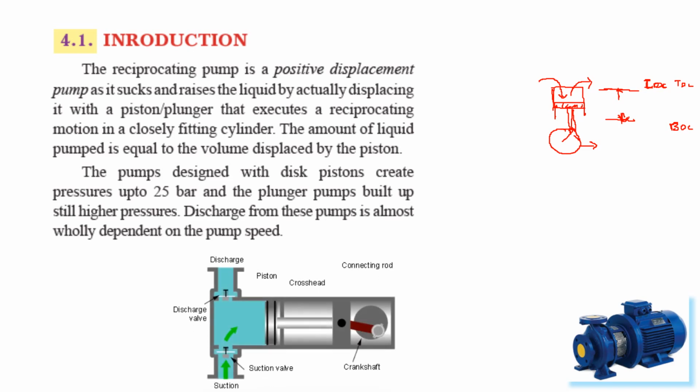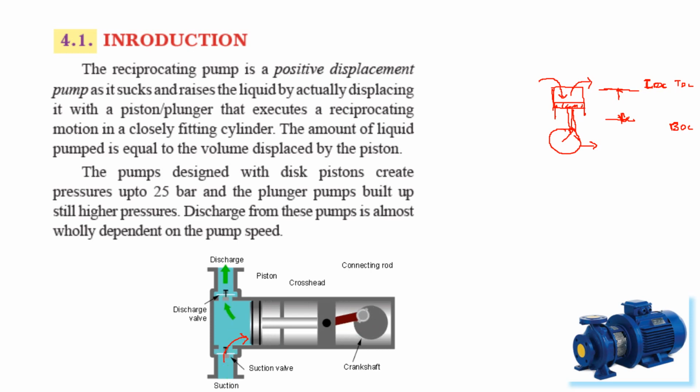Now we are going to see how it works. It has a suction valve and a suction pipe, through which water inflows. A vacuum is created during the suction stroke, and the vacuum is filled by the water.